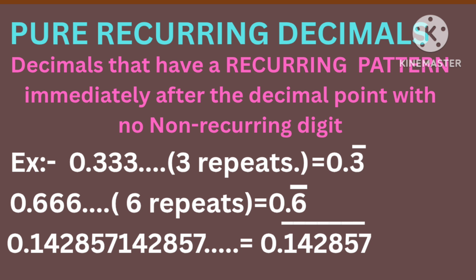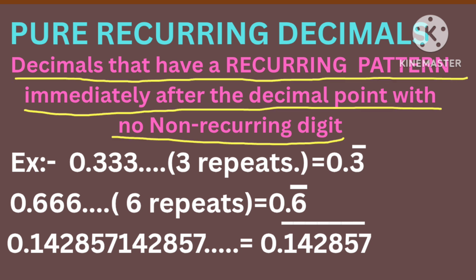I mean to say, pure recurring decimals are decimals that have a recurring pattern immediately after the decimal point with no non-recurring digits.